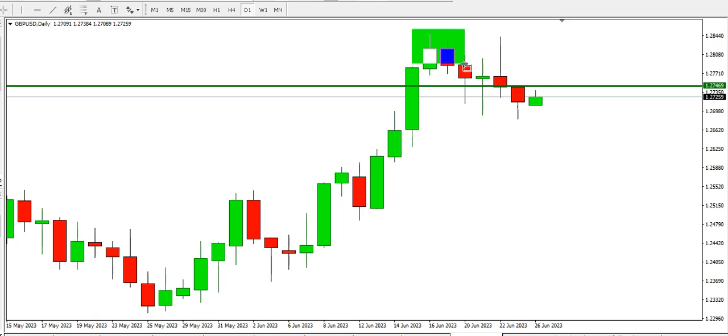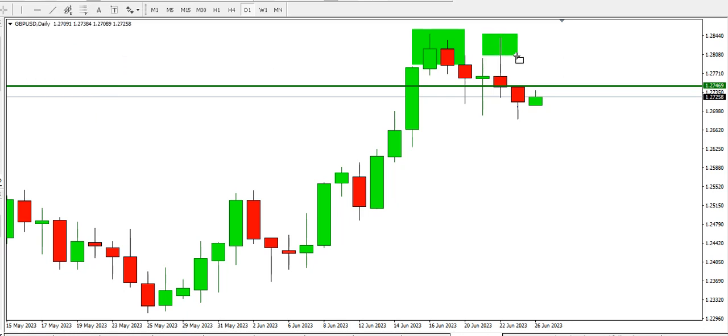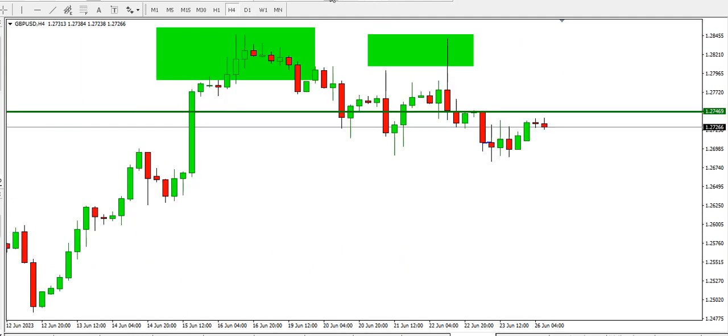This is the first top, and this is the second top on the daily time frame. Okay, but on the 4-hour time frame, what do we have? We can see price trying to form a reversal, trying to reverse the trend, but the overall trend is still bullish.